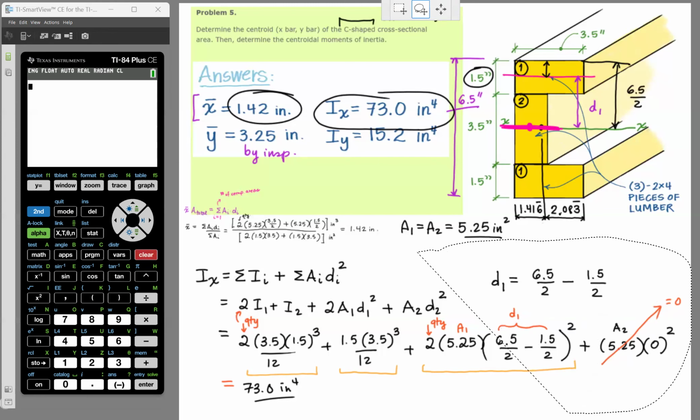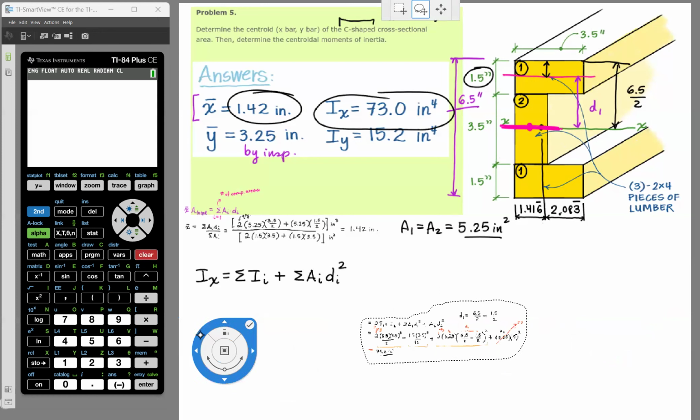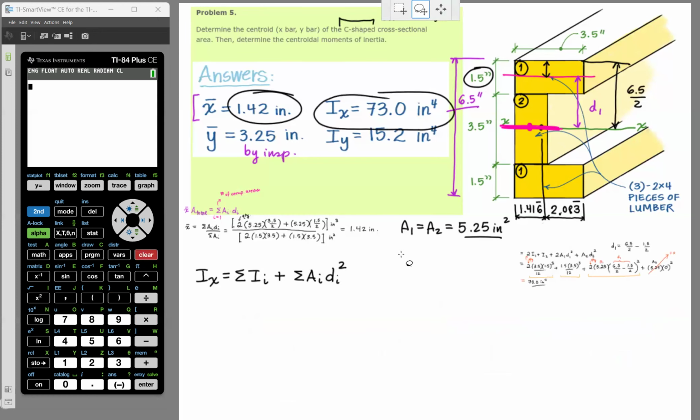Get this calculation and make it small. Put it over here. And all I need to do is change my parallel axis theorem to go for an I_y instead of an I_x.